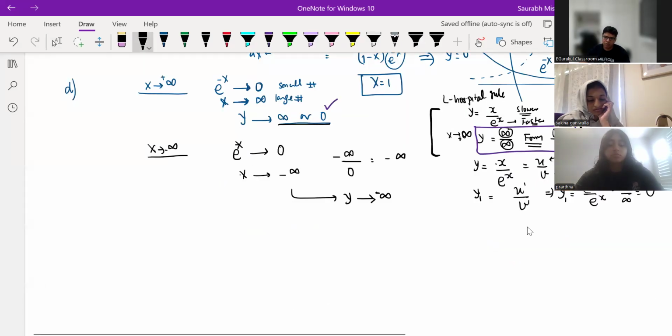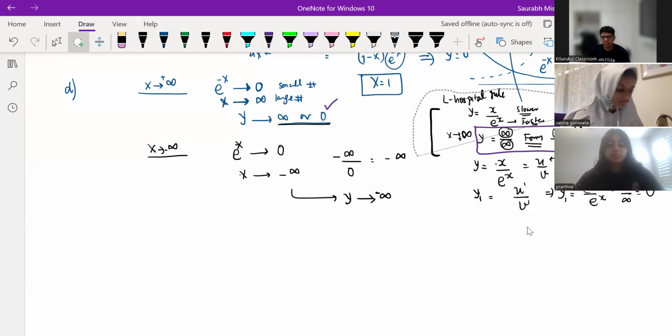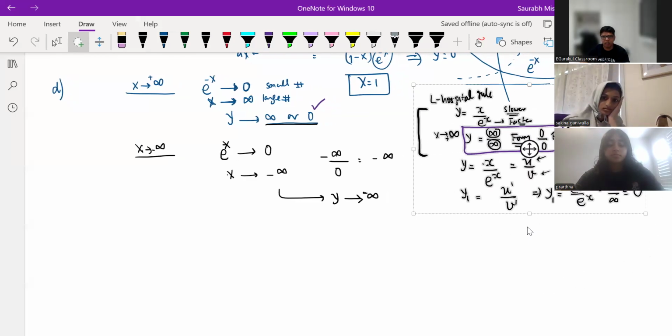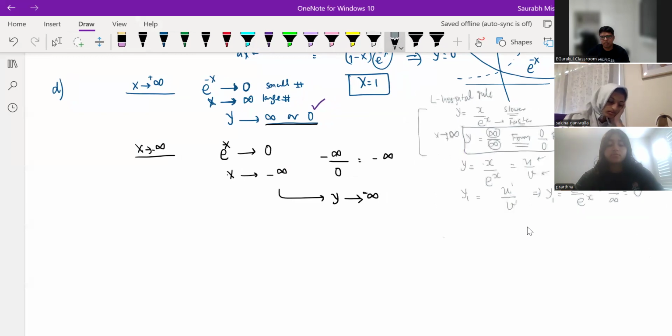Same way you can do, let's say I am asking you another example for L'Hospital, and we'll keep this L'Hospital rule in a different color.